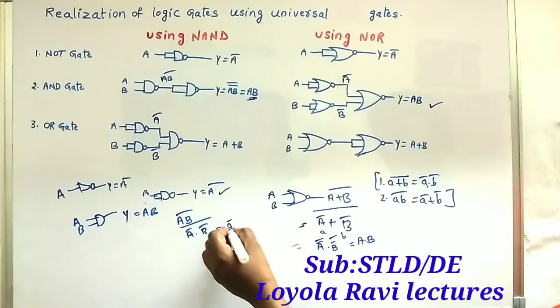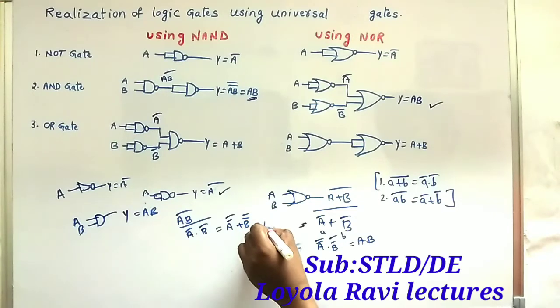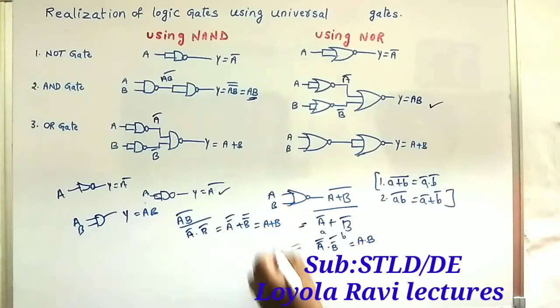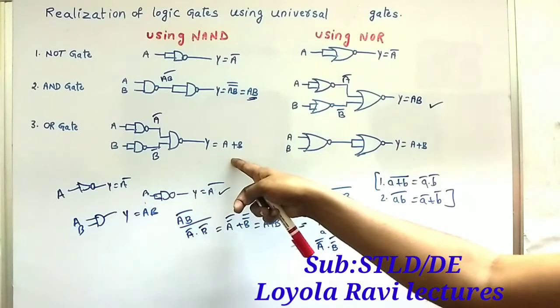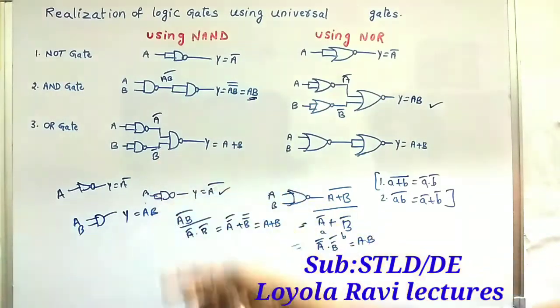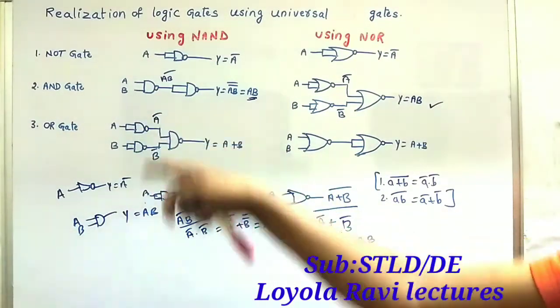A bar whole bar is A, B bar whole bar is B, so A plus B. A plus B is nothing but the OR gate. So if you want to implement an OR gate using NAND, we need 3 NAND gates.